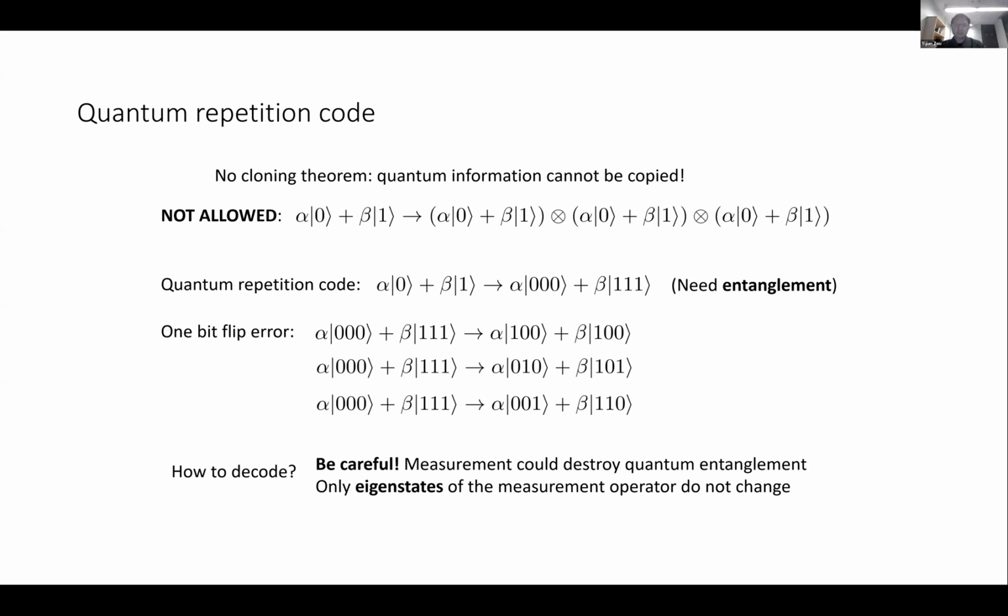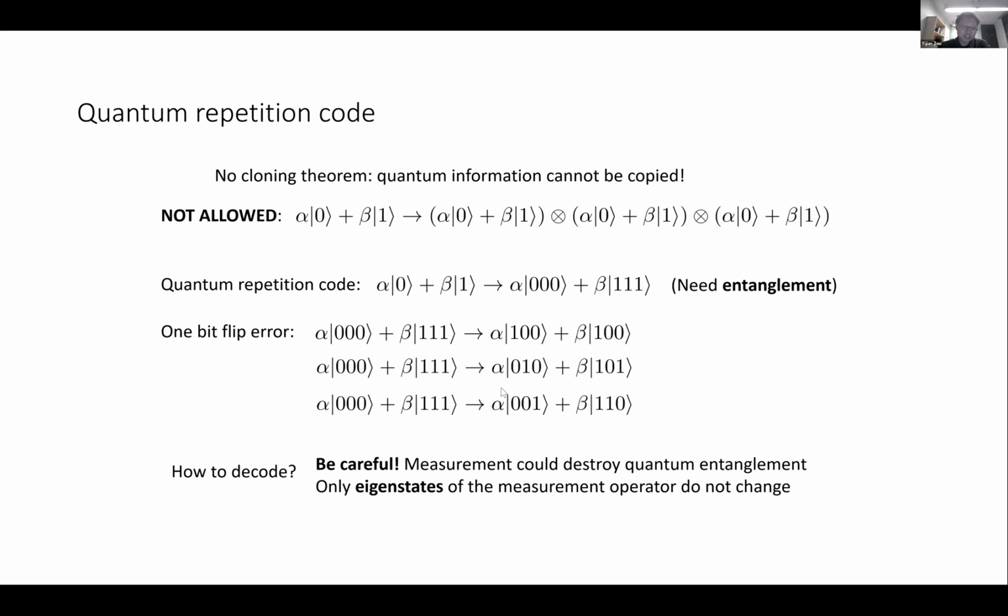So you would actually need quantum entanglement to prepare this code. That is a distinct feature from the classical world, in which you can make error correction possible. And we will soon see that in our case of conformal field theory, entanglement also plays a huge role in error correction.